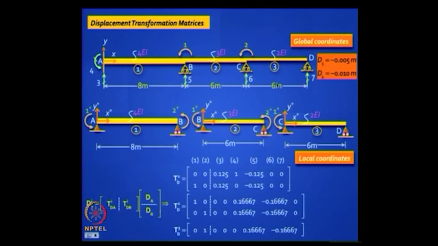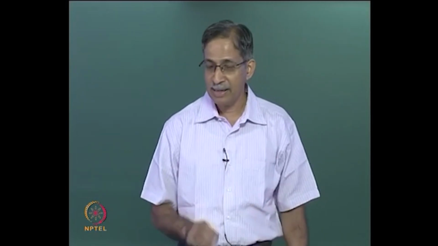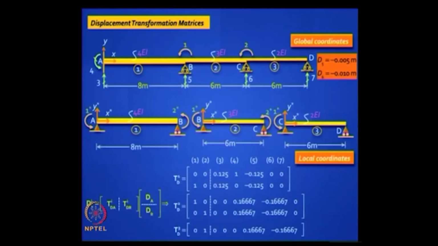Let's look at the last one, let's say D7 equal to 1. If you lift up the last one, only element 3 will be affected, agreed, only element 3 will be affected. You have a clockwise or anti-clockwise chord rotation? You have an anti-clockwise chord rotation and the equivalent flexural rotation will be clockwise, which means negative, and it will be 1 divided by 6.